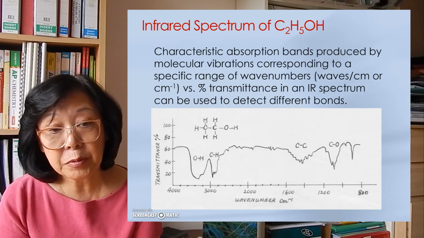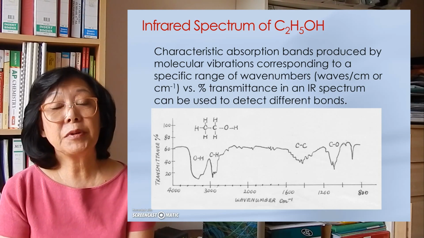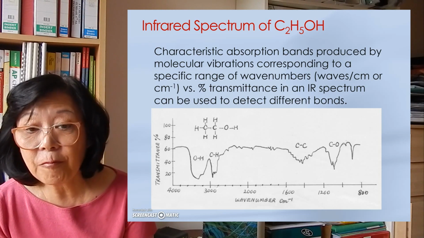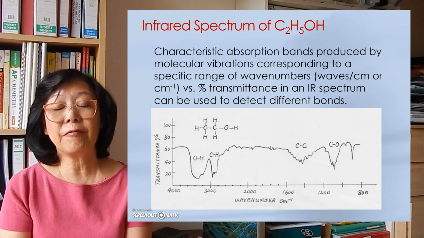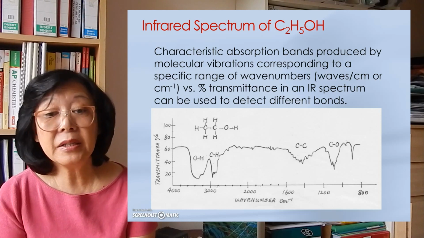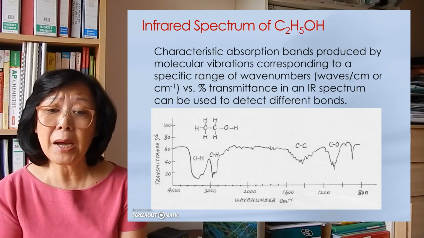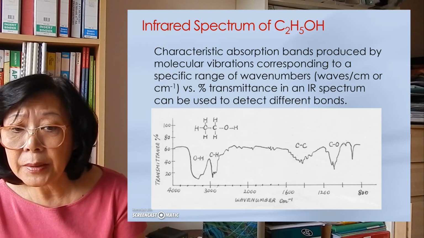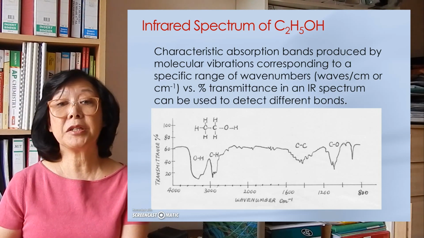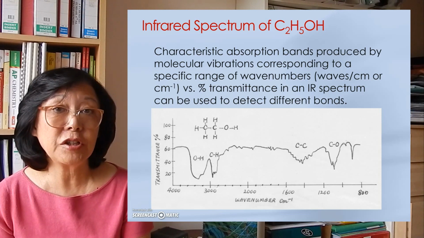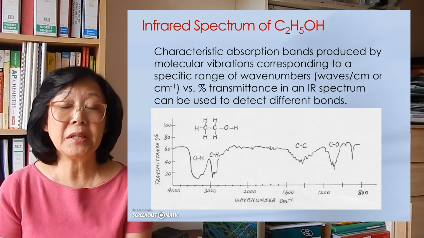Then there's another absorption near 3,000, that's for the CH bond. Another one at about 1,400, a broader, flatter absorption band, is due to the single CC bond. And then the CO bond appears at about 1,100 centimeter minus 1. So that can be used as a fingerprint for identification of the bonds in a molecule.